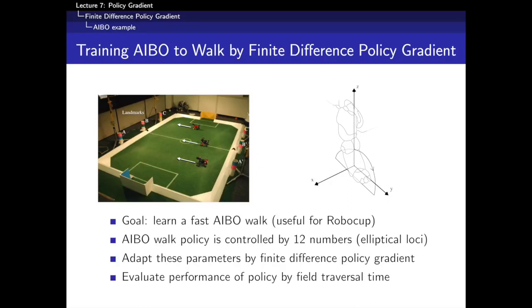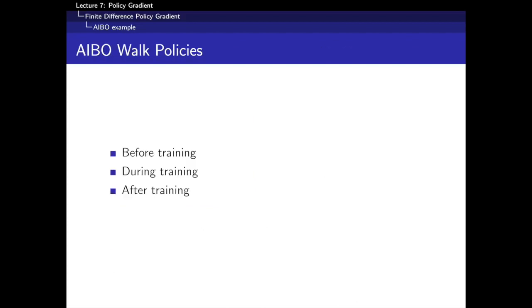So they did this, and let me see if I can pull up some videos. This is at an early stage before it's really been trained, and I think the main thing to notice is that it slips a lot.